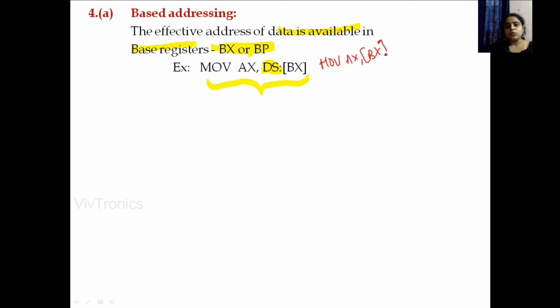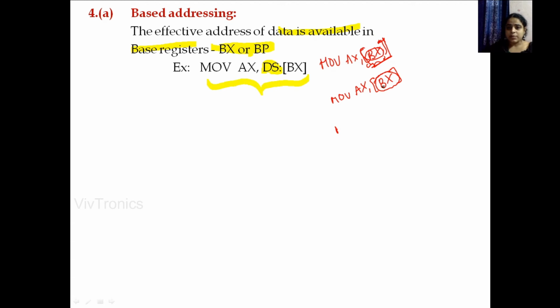Whenever you write the brackets for the general purpose register BX, the CPU automatically understands that what is available in the register is not the data, but the address. So MOV AX, [BX] means it assumes that the address is available in the BX register, and it will go to that address.